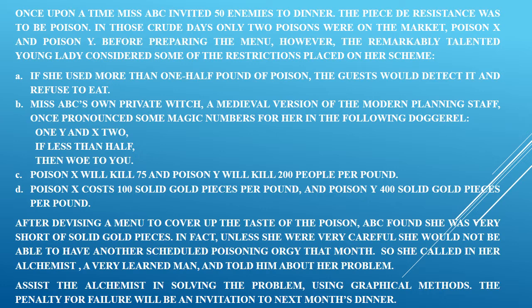So please don't be confused with the different statements. As I told you, just focus on the different figures which are given, and again I have told you the objective function is related to the very beginning of this statement, that she wants to invite the 50 enemies to the dinner, and they will all have to die.